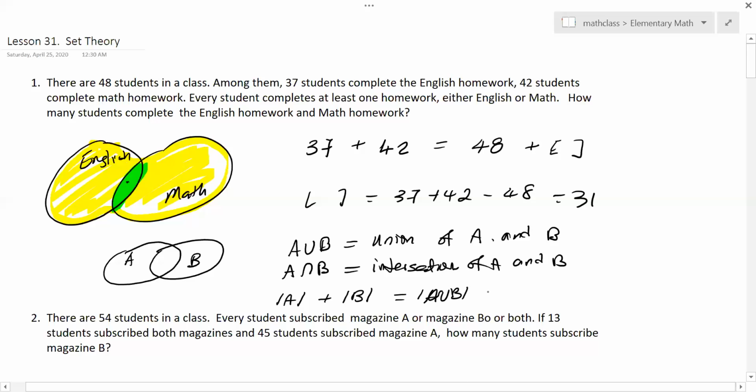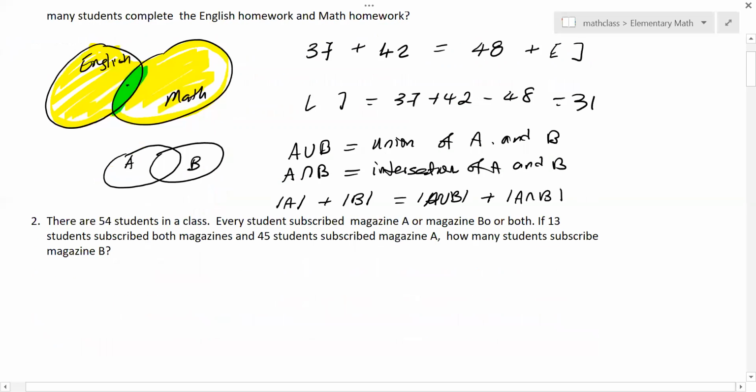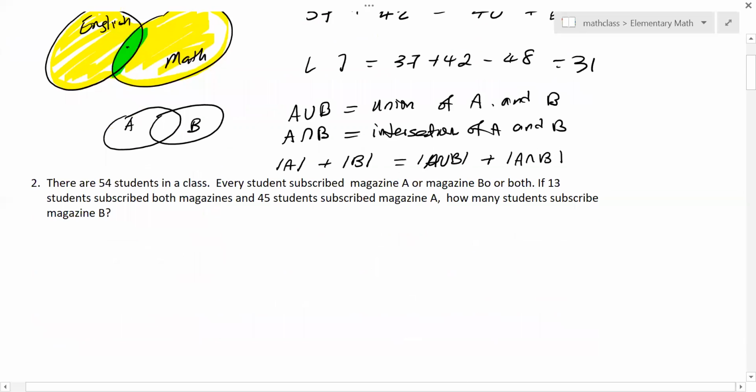So you have to add the double-counted part. So this is an identity. We're going to use this idea over and over again for other similar problems.